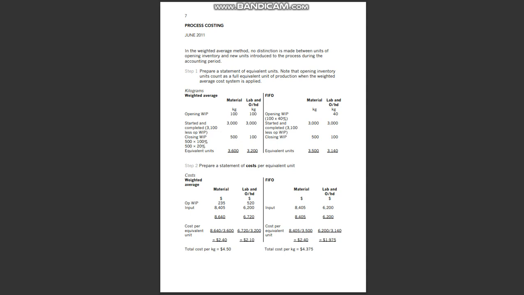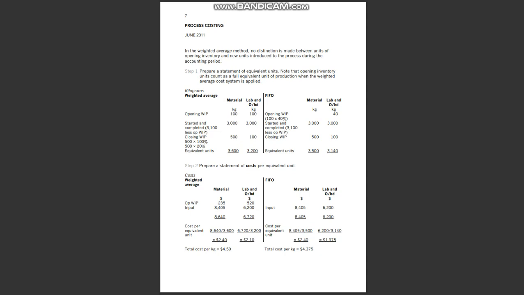And then started and completed. It means when they start the input and when they close work in process. In the above question, 3100 less 100 opening work in process means 3000 material and 3000 labor overhead. For closing work in process, we calculate 500 multiplied by 100%.